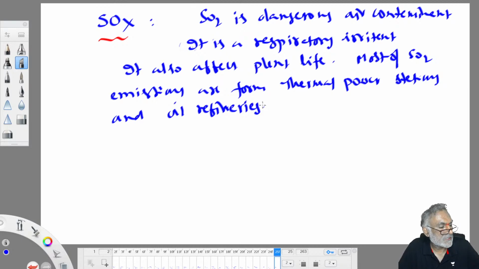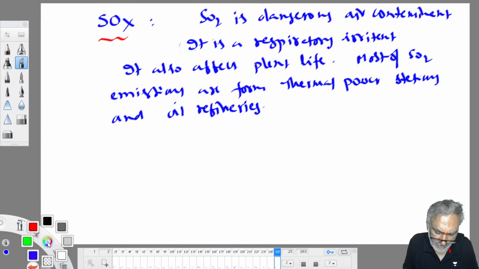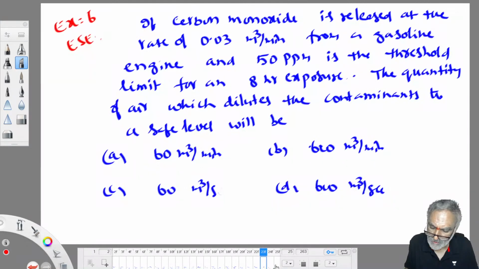In the GATE exam they ask that question. It's also a common sense kind of question. GATE 2018 this is. Example 7.